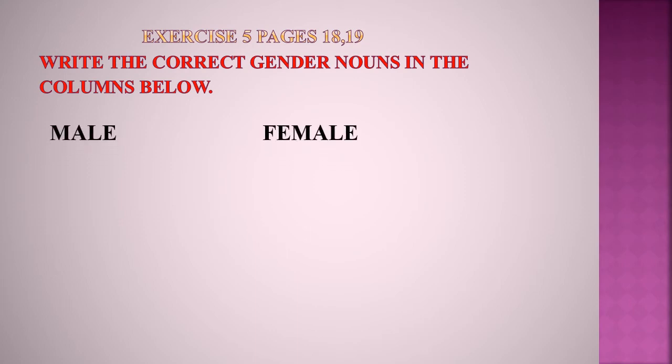Now look at two columns, male, female. Number 1, female is given, lady. You have to write its male. Gentleman. Number 2, male drake is given. You have to write its female. Duck.